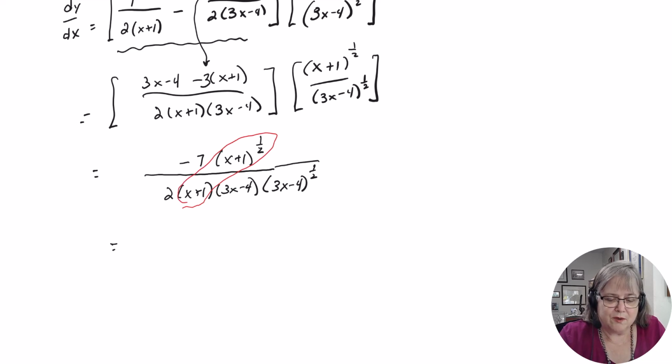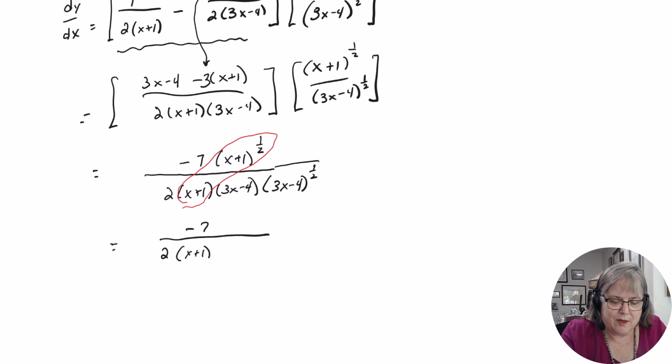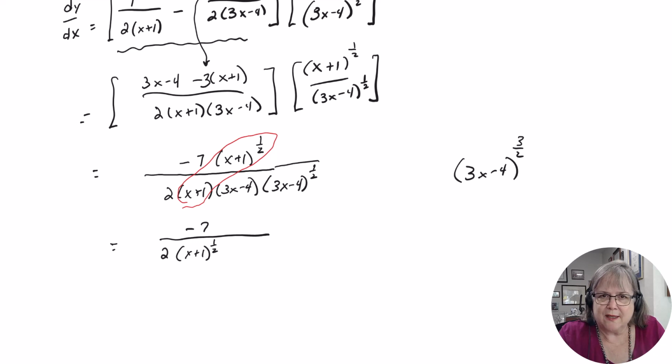Okay, they would reduce, and you would have minus 7 over 2, and this would be x plus 1 to the 1/2. And this 3x minus 4 times 3x minus 4 to the 1/2 is actually 3x minus 4 to the 1 plus 1/2, which is 3/2, right? This is what it looks like combined.